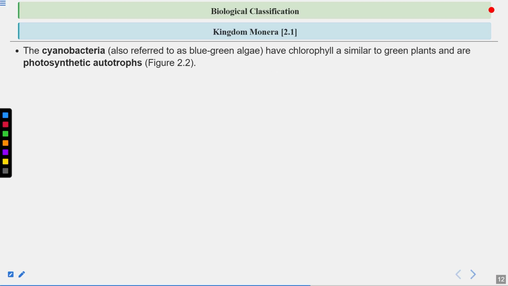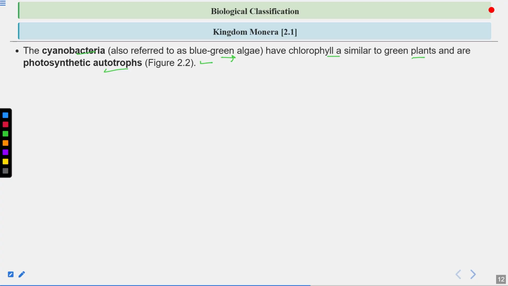Let's talk about cyanobacteria. They are also known as the blue-green bacteria. They have chlorophyll A similar to green plants and are photosynthetic autotrophs. So again, a question can come from this line. What is the mode of nutrition in cyanobacteria, also known as blue-green algae? So cyanobacteria are photosynthetic autotrophs because they have chlorophyll A. Chlorophyll A is the primary pigment in plants also, which helps to capture the light energy.